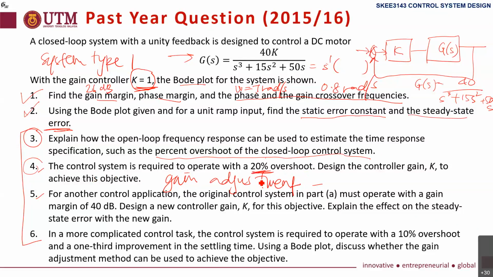Design K. We want to find K here, the one I circled in the block diagram, to achieve this objective. The objective now is to get 20% overshoot.